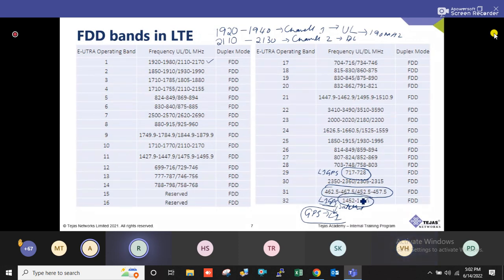We have not seen any implementation being done. Standards have given these band numbers, but we typically do not see them implemented. The quick answer to this doubt is that it interferes with the harmonics of L1 GPS. Is it clear?